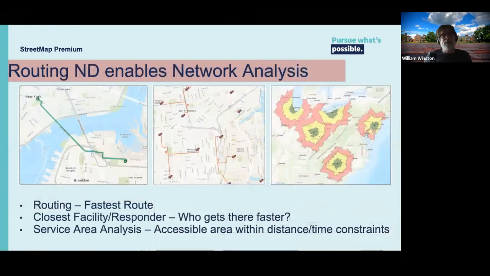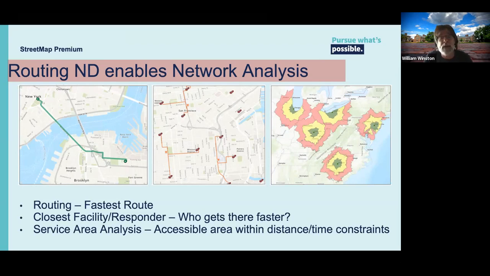And then the final type of analysis that we can use with Streetmap Premium is, excuse me, routing. The network data set that comes with Streetmap Premium can be used for simple point-to-point routing, also for more complex delivery logistics, but we can also do more complex network analysis tasks like closest facility or responder.